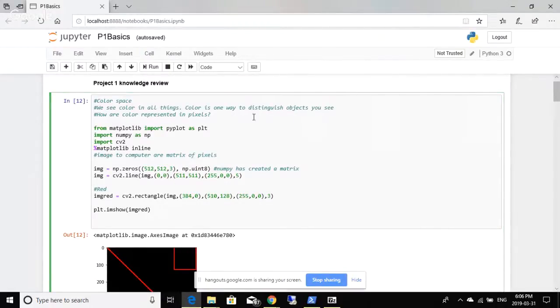So first one. What's that represented in pixels? Red, right? I put 255 here, and this is drawing a rectangle.